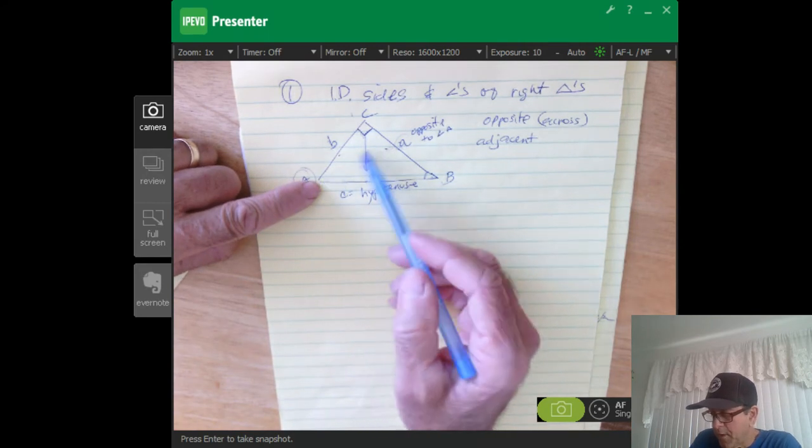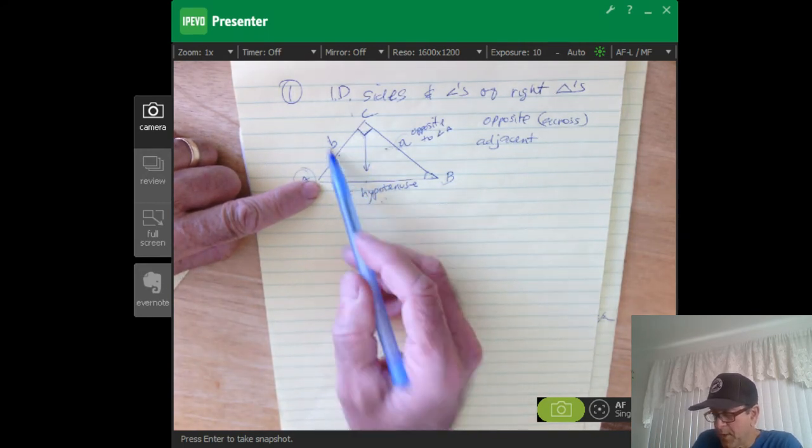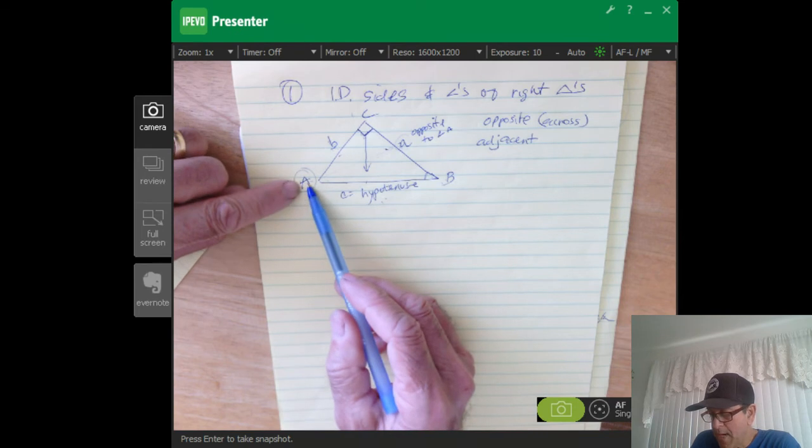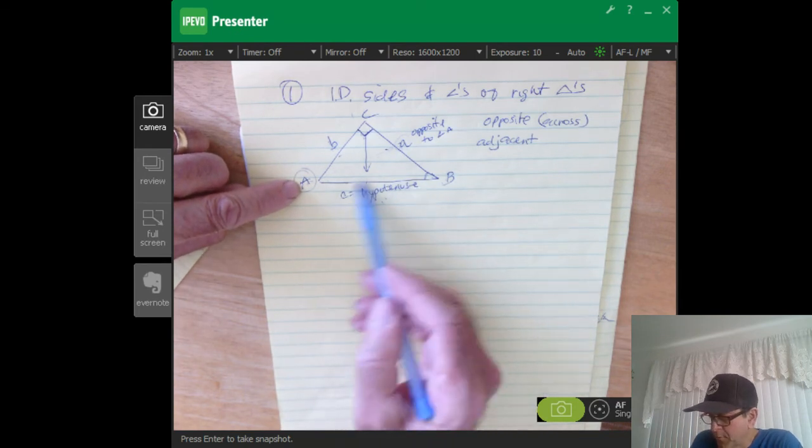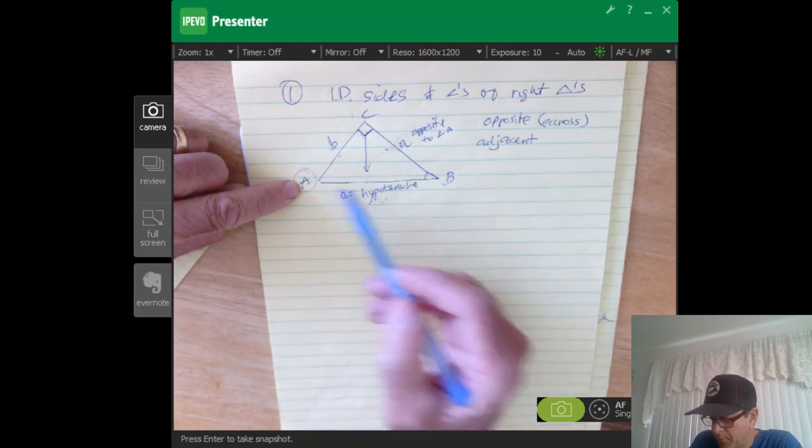Now, the adjacent side, well, if you look at B and C, they're both adjacent to A, they're next to it. But this one we're always going to call the hypotenuse.